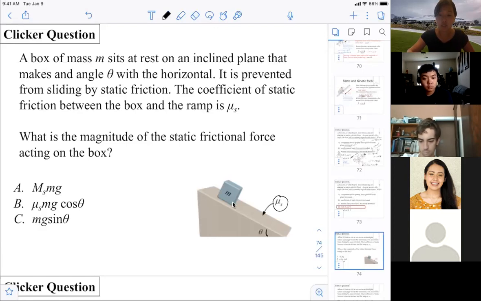Just a quick check on our understanding of static friction at this point. Okay, sorry, this one, I don't know why it showed as mu of S, mu of S.